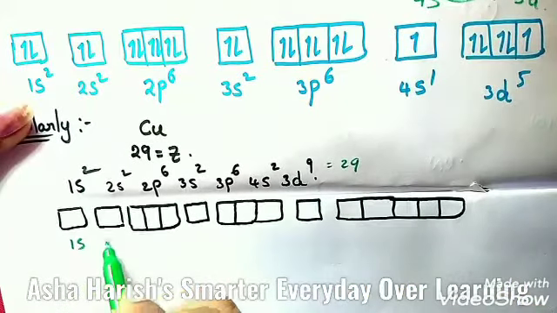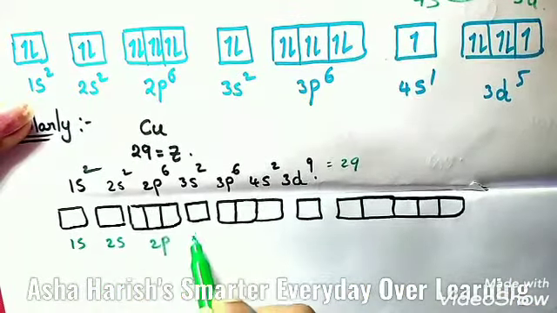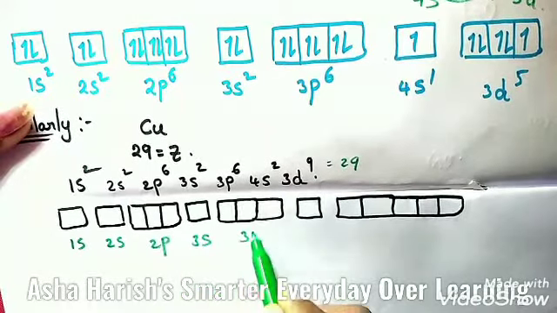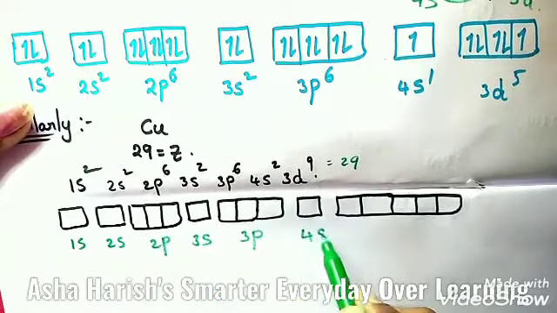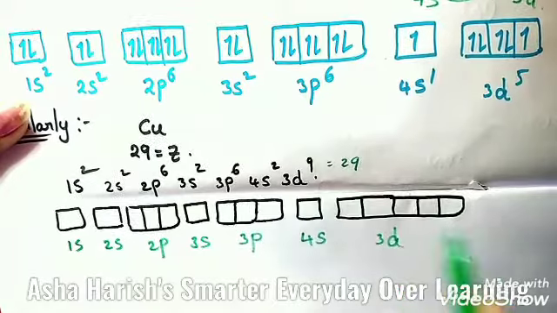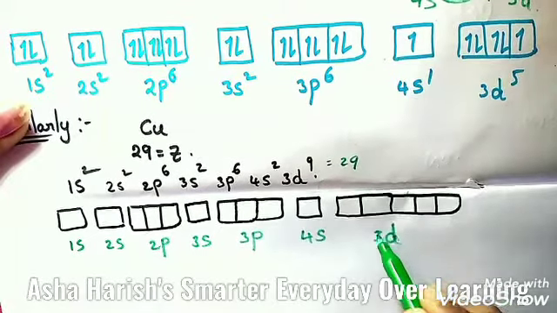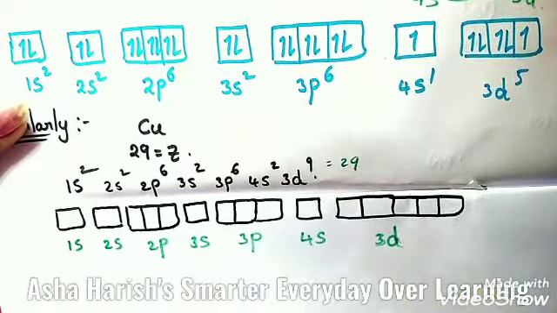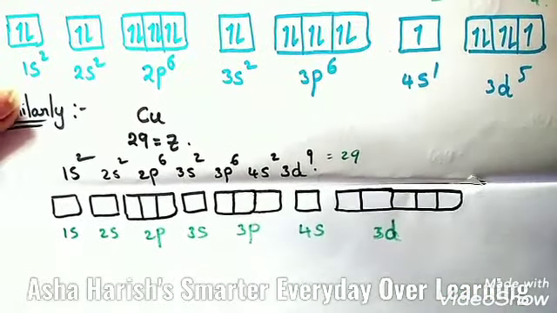And this is the 1s orbital, 2s orbital, 2p, and this is the 3s orbital, this is the 3p orbital, this is the 4s orbital, and this is the 3d orbital, the 3d subshell, and these are the 5 orbitals present in the d subshell.